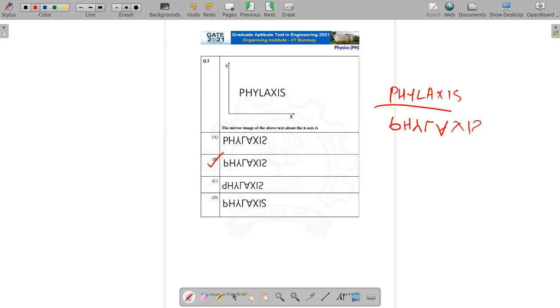S goes this way. Since this goes this way, yeah, this should be the line. If you compare this with here, option B is the correct answer.